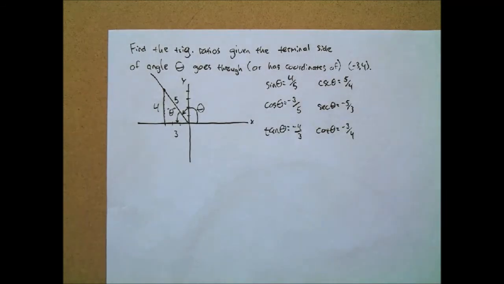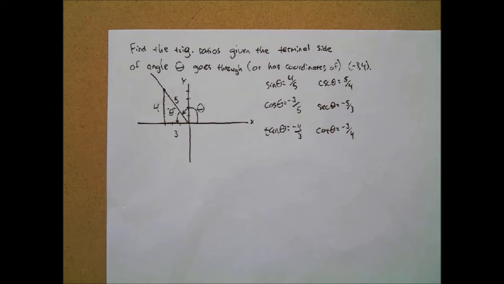Since we're in the second quadrant, sine and its reciprocal cosecant are positive. Our y coordinates are positive, the x coordinates are negative. So cosine and secant, because they're made up of just the x coordinates, are negative. And since tangent and cotangent are sine divided by cosine, or cosine divided by sine, we're dividing a positive by a negative, or vice versa, and so that also creates a negative.